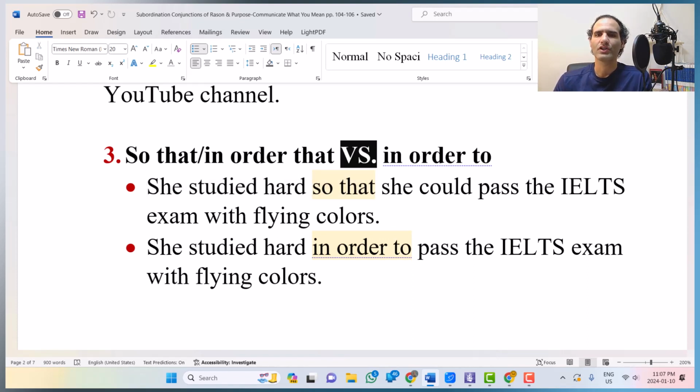So that she could pass the IELTS exam with flying colors. Flying colors means with a very good score, with a high score. But apart from that, she studied hard in the hope that, for this reason, for this consequence, she wanted to pass the IELTS exam with high scores or with flying colors.